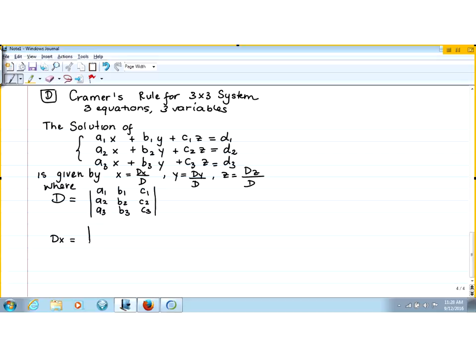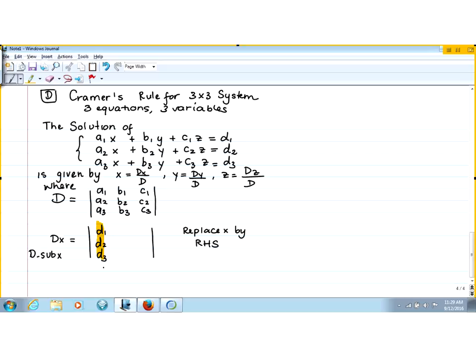Now, D sub x. What is D sub x? Then you remember, for 2 by 2, if I have D sub x, what do I do? Replace x by the right hand side. So this part, this is my x, I will replace with the right hand side, which is D1, D2, D3.